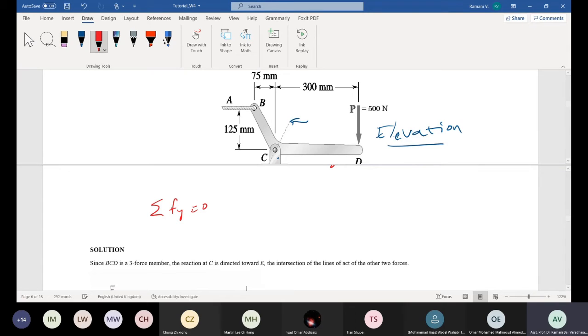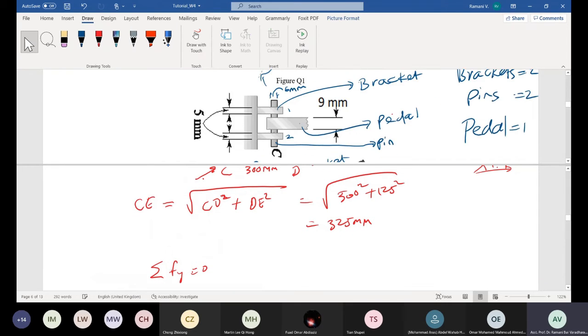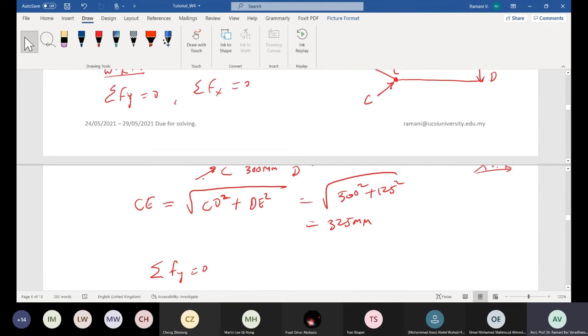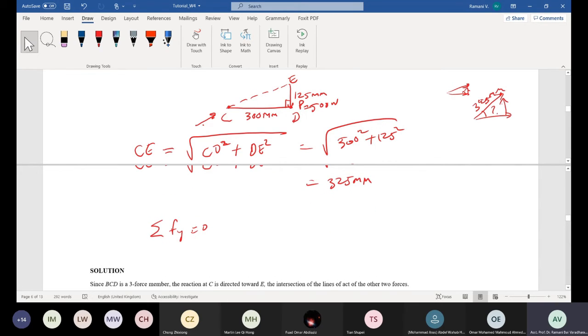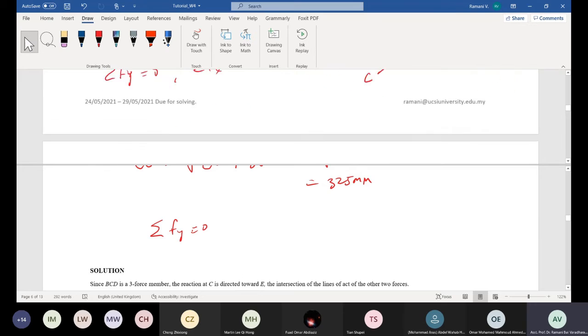Let's do the sigma Fy by considering the triangle BCD, right? I'll go for my triangle D. This one. This one. Right? Let's solve all the y direction values.